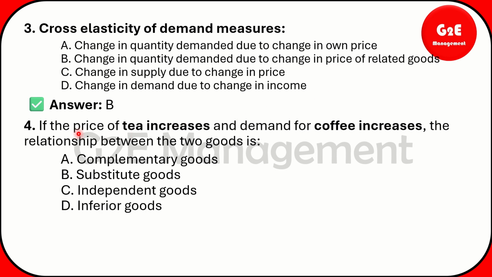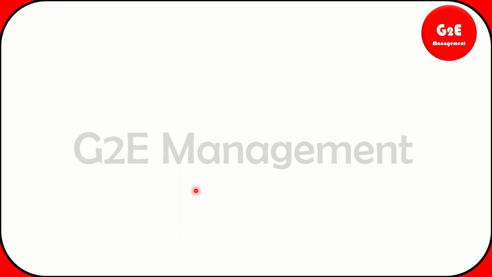And for the next query, if the price of tea increases and demand for coffee increases, what is the relationship between the two goods? Tea increases and coffee also increases. See here, increase, increase, in a sense, what? Substitute goods. So the answer is substitute goods.